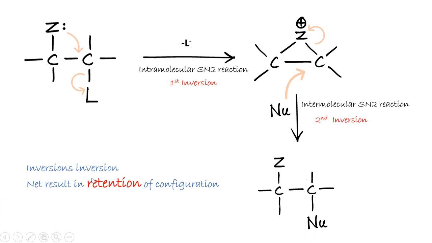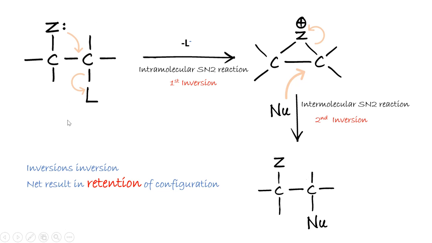In NGP, there is a first inversion because of the first intramolecular SN2 reaction, and a second inversion because of the intermolecular SN2 reaction, so the net result is retention of configuration. Suppose the reactant molecule has R configuration; after the first SN2 reaction it gives S configuration, and after the second inversion, this S configuration inverts to R configuration again.